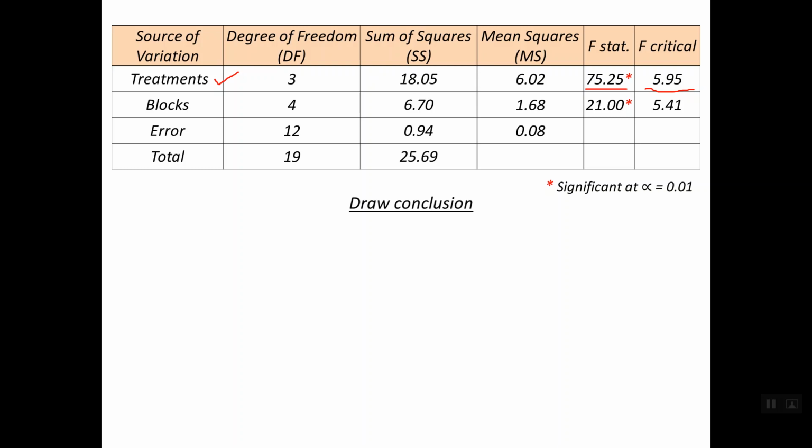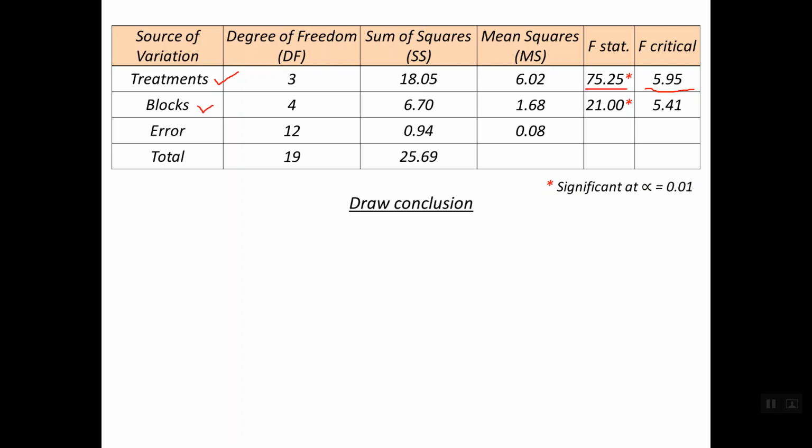So regarding the hypothesis for the treatments, we reject the null hypothesis and accept the alternative one. And the alternative hypothesis for the treatments states that the means for the 4 treatments are not the same.